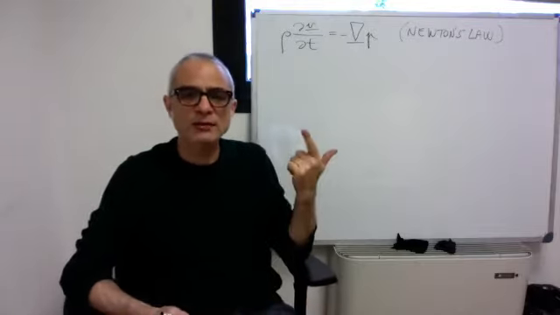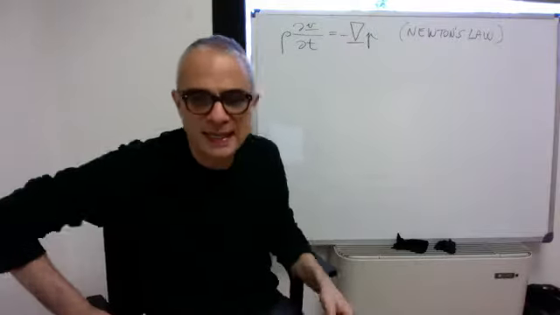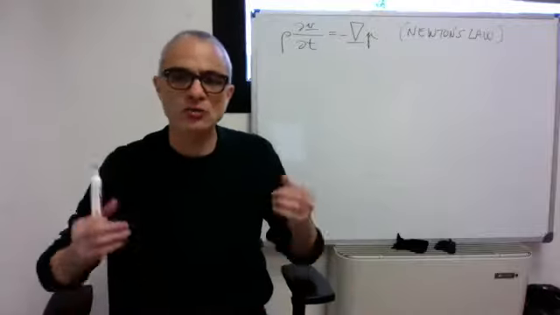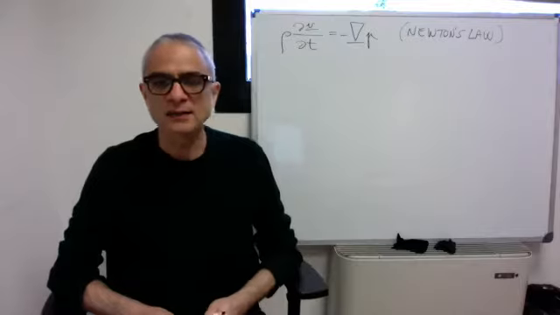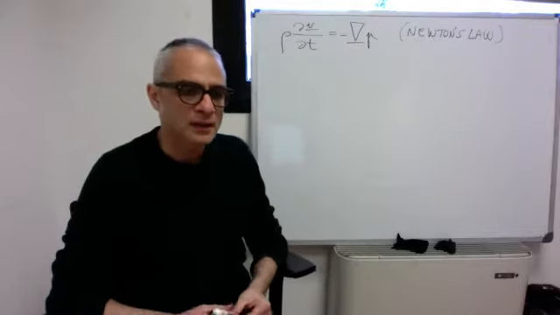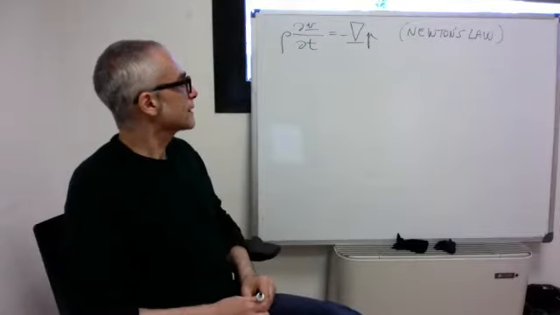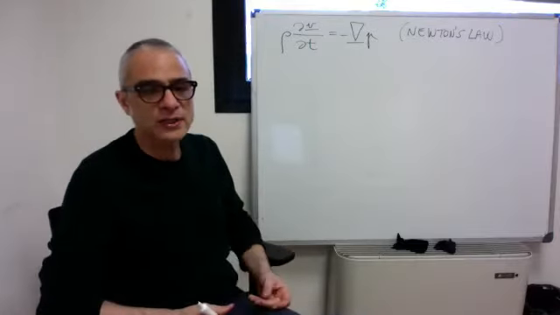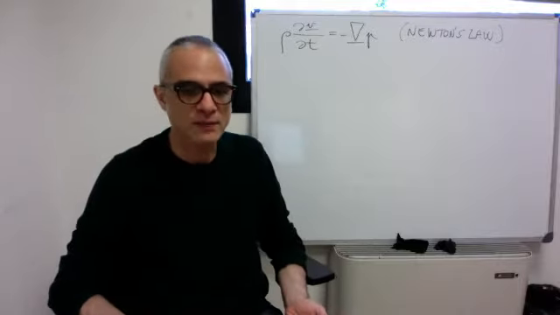We have two unknown functions, one equation, we need some more information. Basically, we want a differential equation with one unknown function, and then we can start using the tools that we have learned to solve it, okay? So how do we write everything in terms of velocity, or write everything in terms of pressure? How do we do that?